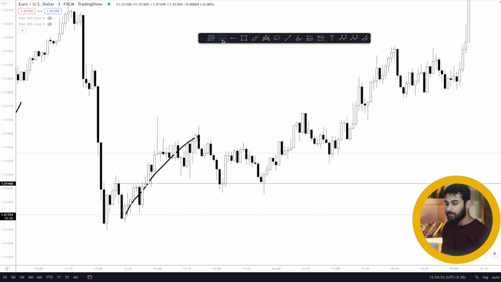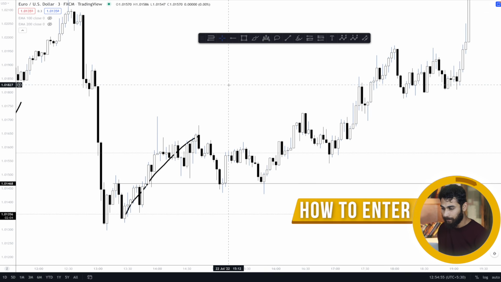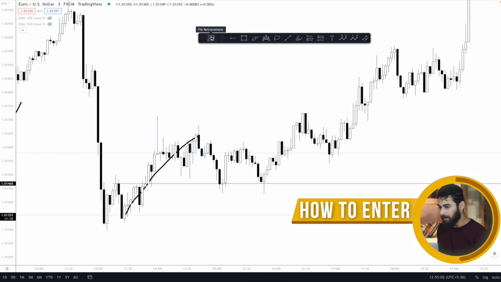Now moving on to the third step, which is how to enter. Now, what we will do here is we will take this tool, that is the Fibonacci tool from the toolbox, which you can find over here, and draw from the start of this move to the end like this. Now, for someone who does not know how to use Fibonacci retracement, I have already added a video on that and you can check it out by clicking the I button over here.